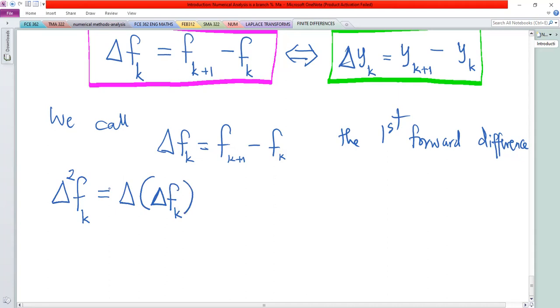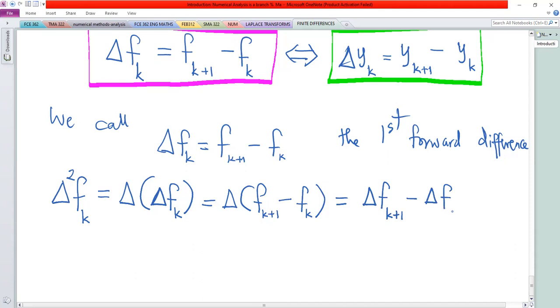So remember, 2 is the same as 1 plus 1, law of indices. So this will be the same as forward of, by definition, f sub k plus 1 minus f sub k. So which will be forward of f k plus 1 minus forward of f k.